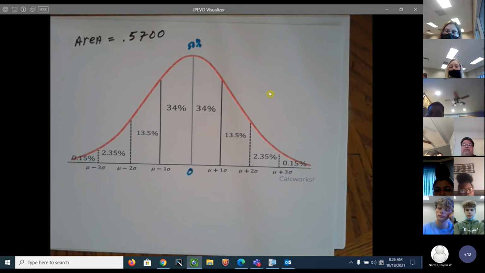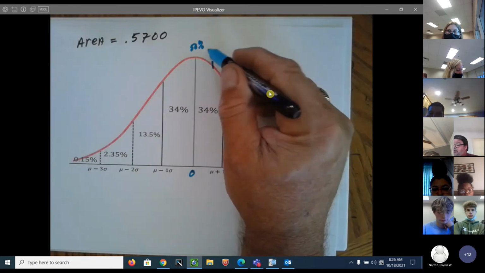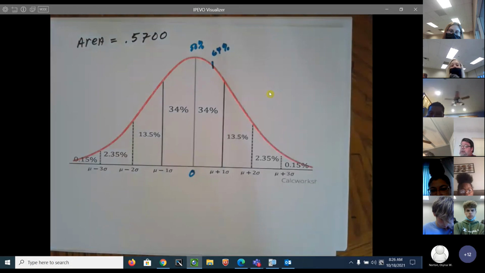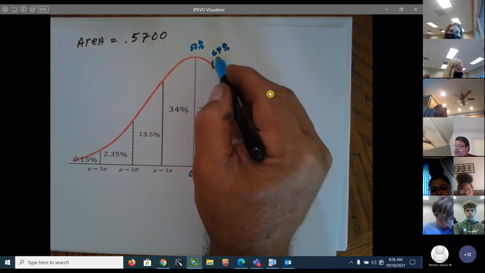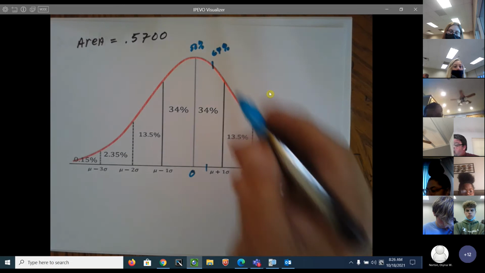All right, so 57 would be, let's see, this half of 7, this is a 17, so that'd be 67%. So that 67 represents 0.5. 50 to 67 is 17. Half of 17 is 8.